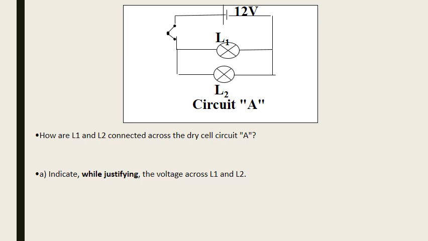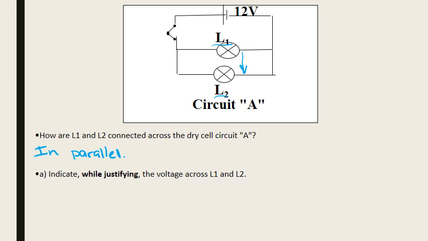So this is L1, this is L2, and you can see that they are across each other, therefore we call this in parallel. So here we can write: indicate while justifying the voltage across L1 and L2.